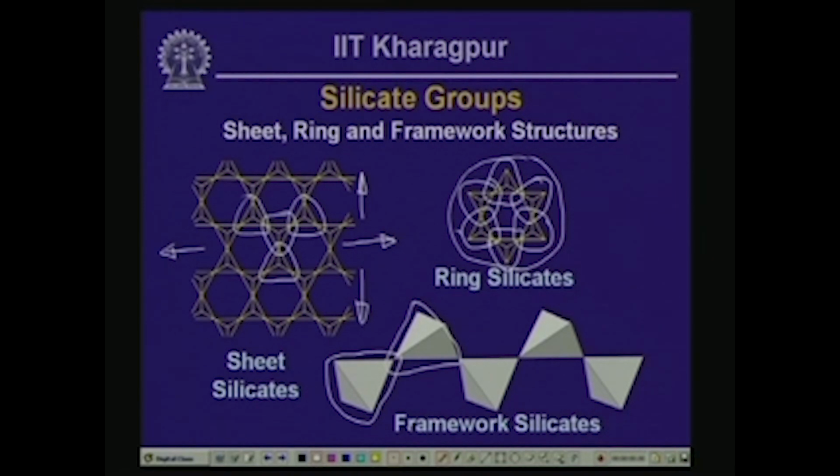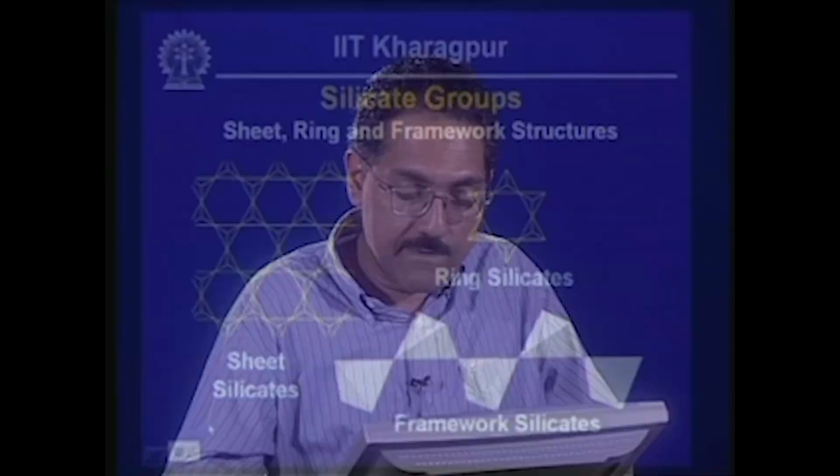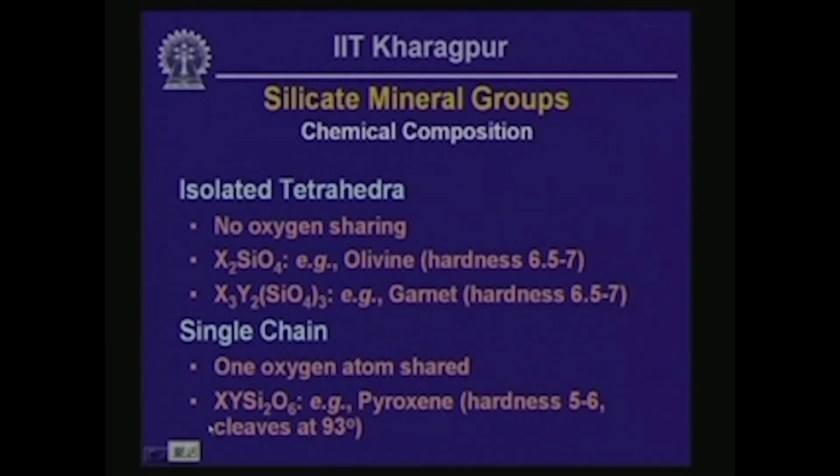Many types of minerals, as we will see later on, will be comprised of single tetrahedra instead of a combination of several tetrahedra as we have considered here, or there are minerals which are composed of double tetrahedra, and double tetrahedral minerals are more rare than all the other types of silicate minerals that we have discussed. Okay, so that gives you the chemical structure, essentially, of different types of silicate minerals.